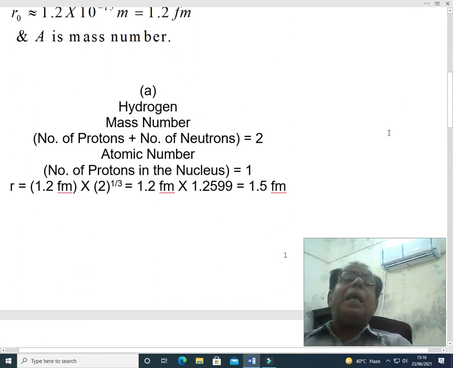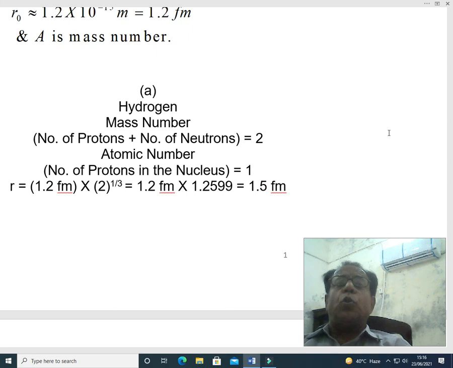This upper left hand side is always the mass number. Mass number means number of protons plus number of neutrons, while the number on the lower left side is the atomic number, which is equal to the number of protons in the nucleus.